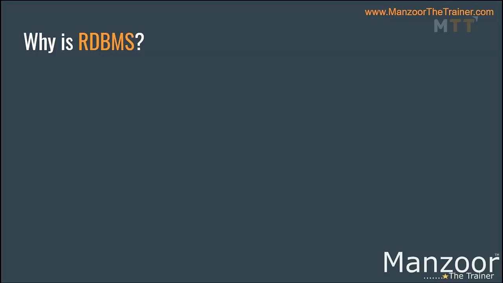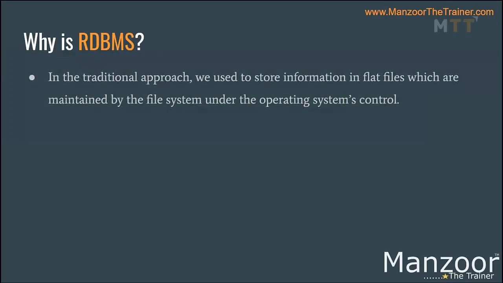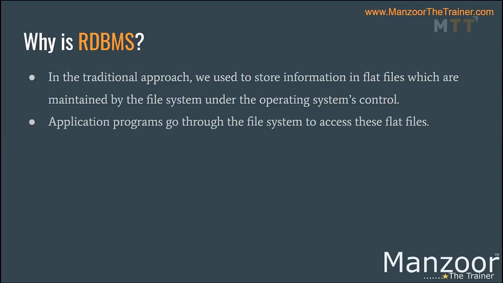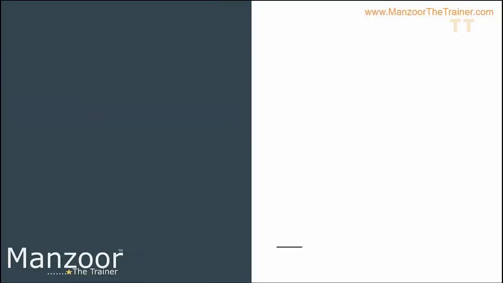Are you all getting it? So that's why we need RDBMS, and that is RDBMS. Let us read out the point. In our traditional approach, we used to store information in flat files maintained under the file operating system. Application programs go through the file system to access the flat files. So that was the issue.